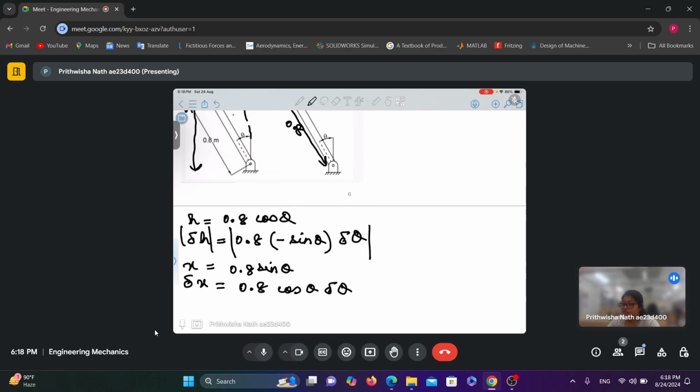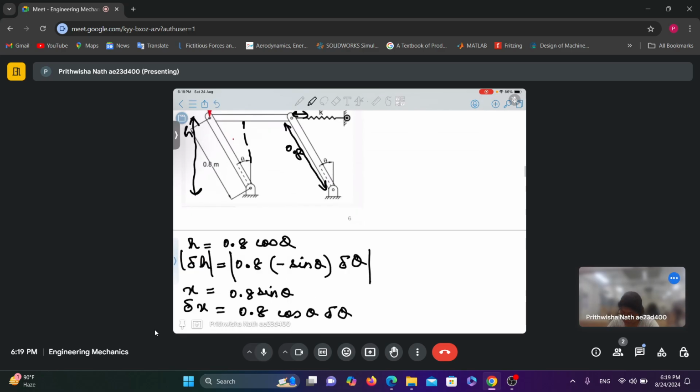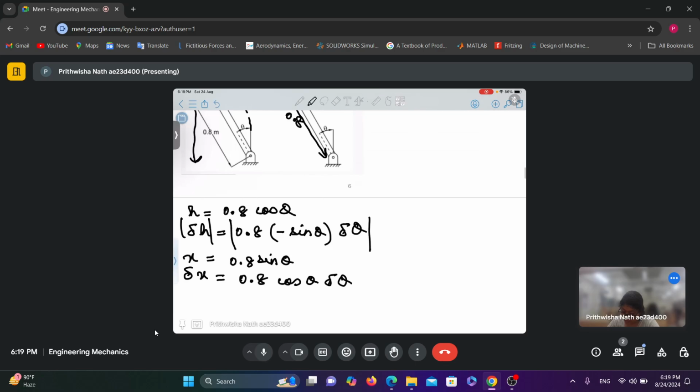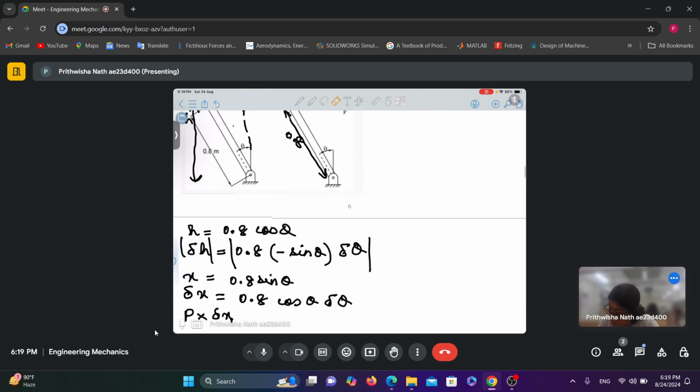Now what will be this work done? What will be the work done by P? Work done by P would be P into delta h.